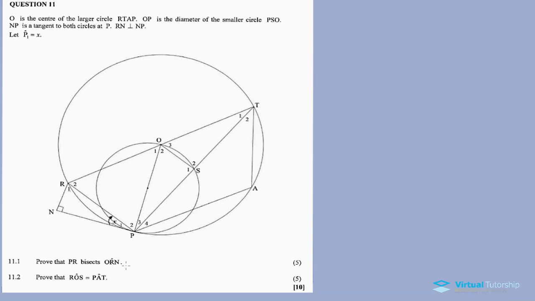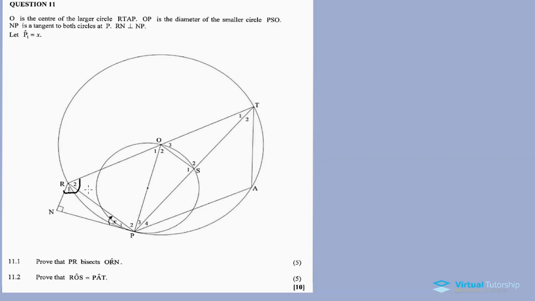If a line bisects an angle, it means that the line cuts that angle into two equal parts. So this is angle ORN, made up of R1 as well as R2. We need to prove that PR bisects this whole angle.